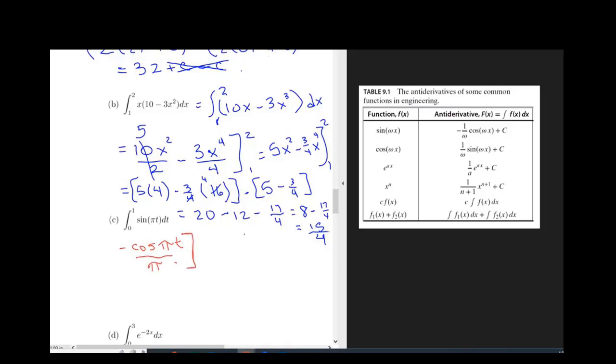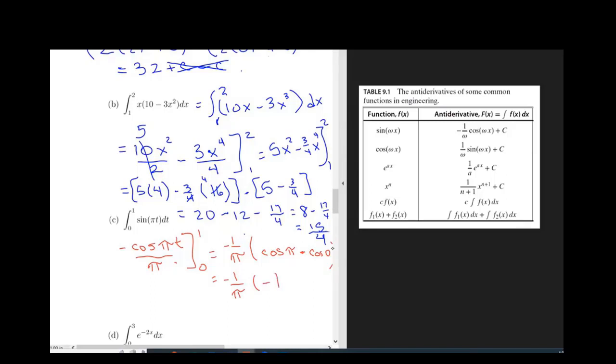And I'm going to evaluate that between 0 and 1. And I'm going to actually factor out that 1 over pi. And then I have the cosine of pi times 1, which is pi. Then it would be minus cosine of 0, which equals minus 1 over pi times cosine of pi is -1.